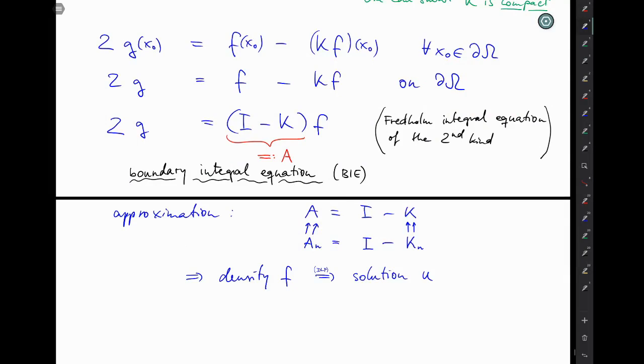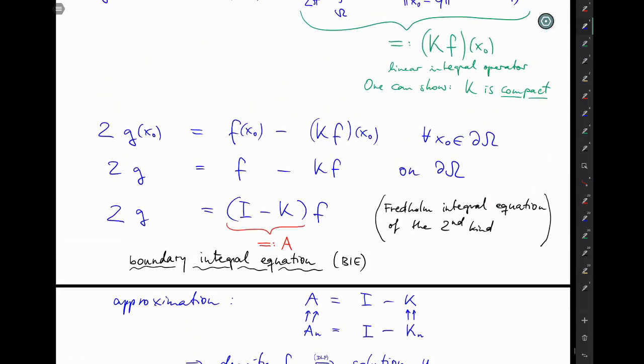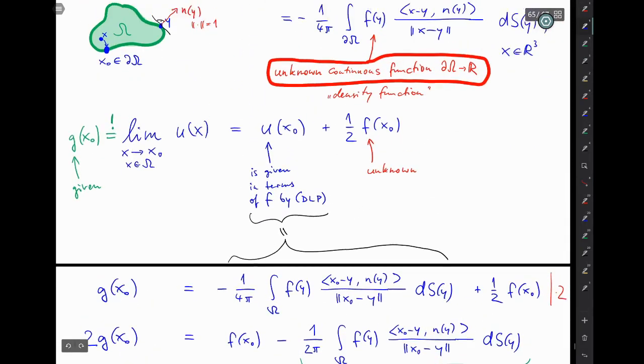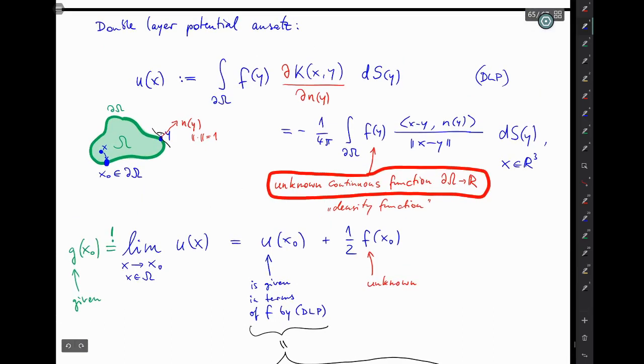Okay, excellent. Just before reaching the finish line, I just noticed that I made a little copy mistake here. So of course the double layer potential is an integral over the boundary of your set omega. We introduced it like that, and we've been saying that this function lives on the boundary, and this is the surface element.